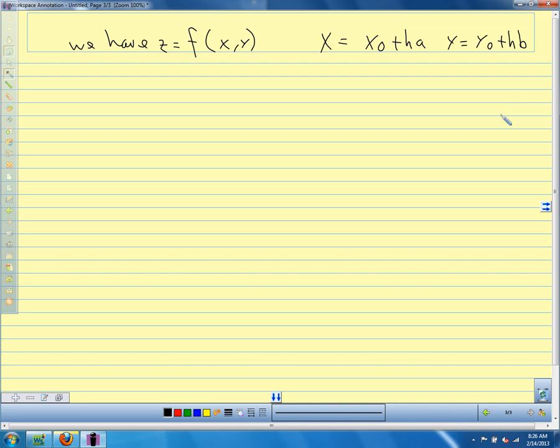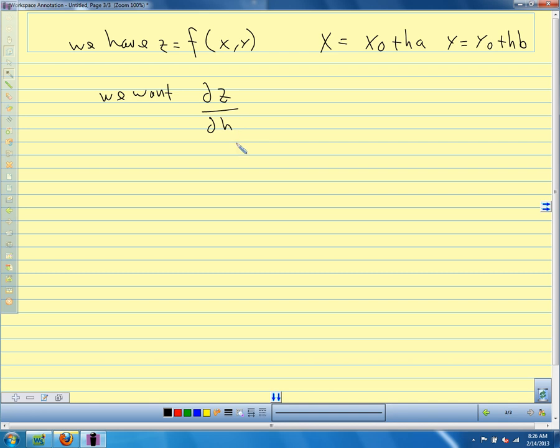So what are we calculating here? The rate of change of z with respect to h, right? That tells us, if we're moving, the rate of change of our function, where h is the distance we're traveling in the direction of this unit vector. So we're trying to calculate dz/dh.